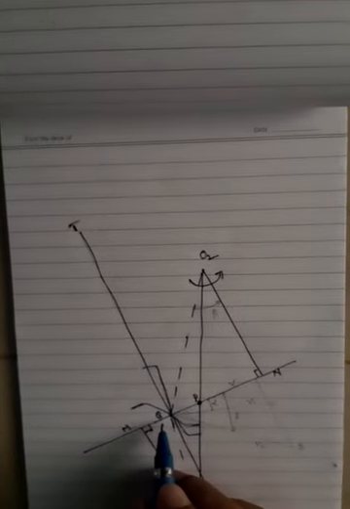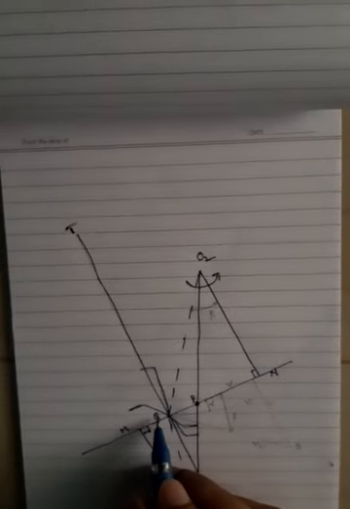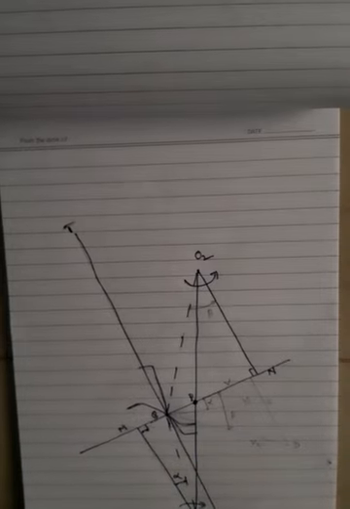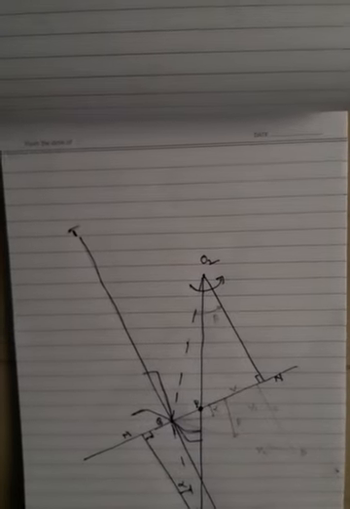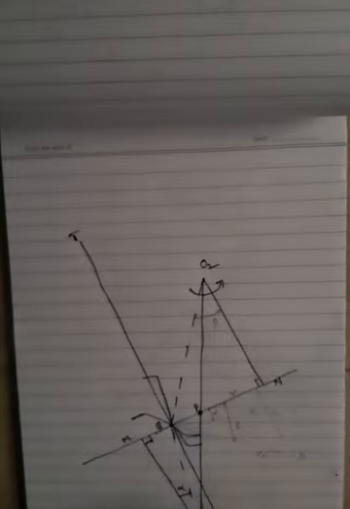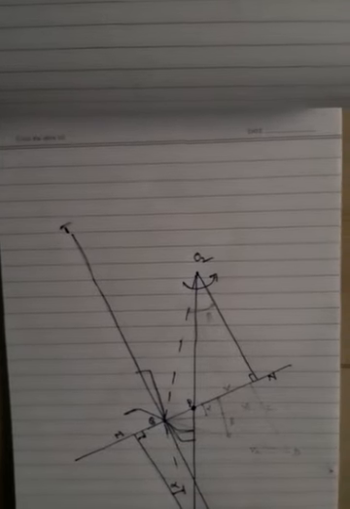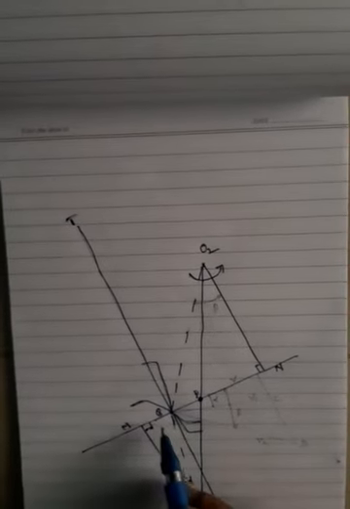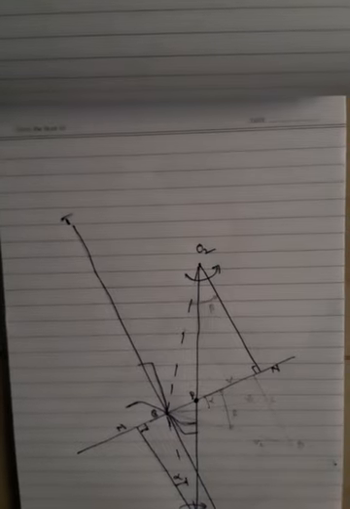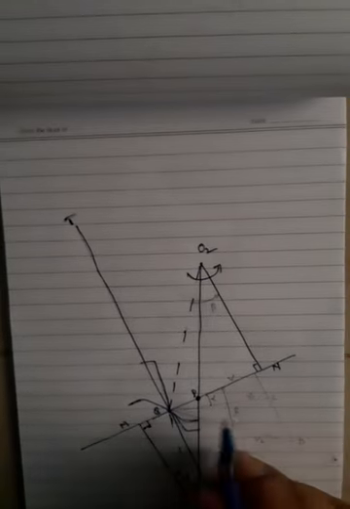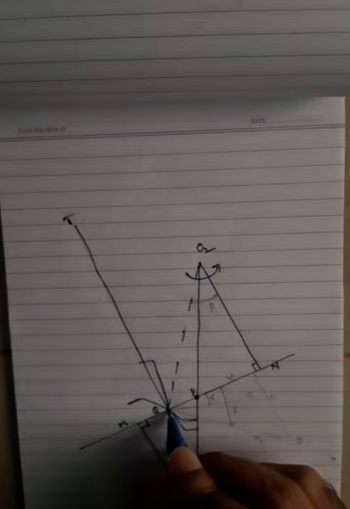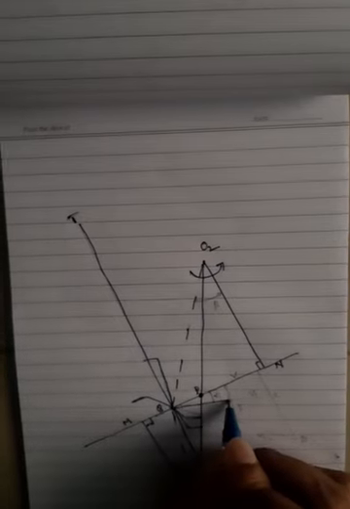Now let us consider this point Q on the pinion. The direction of velocity of Q will be perpendicular to O1Q, and that is given by QC.